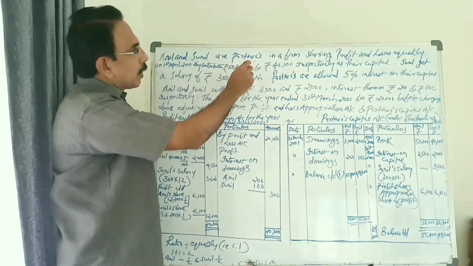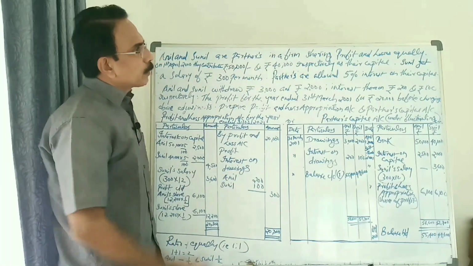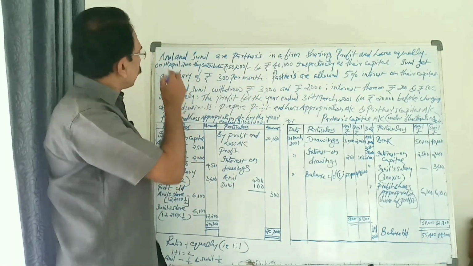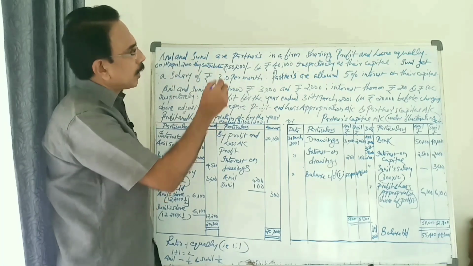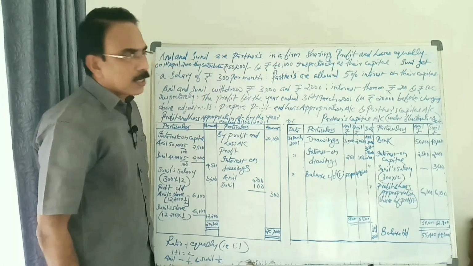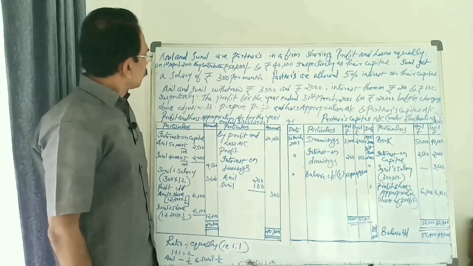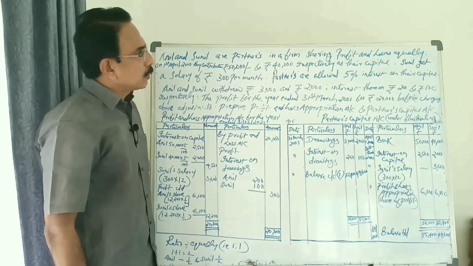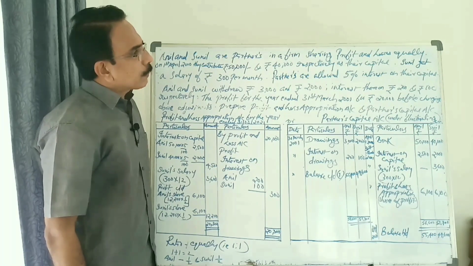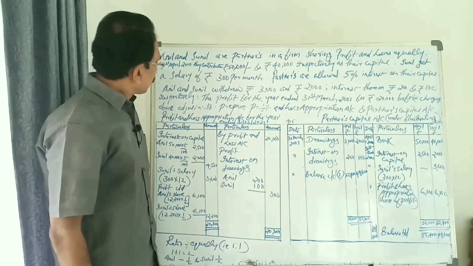Anil and Sunil are partners in a firm, sharing profit and losses equally. On 1st April 2000, they contribute rupees 50,000 and rupees 40,000 respectively as their capital. Sunil gets a salary of rupees 300 per month. Partners are allowed 5% interest on capital.